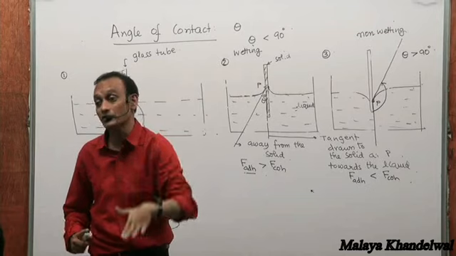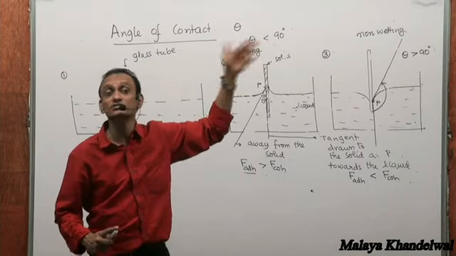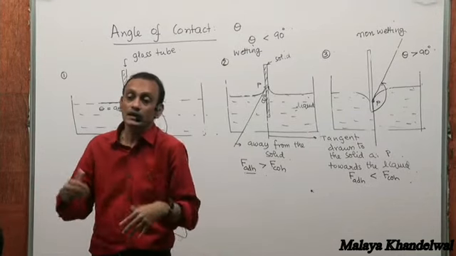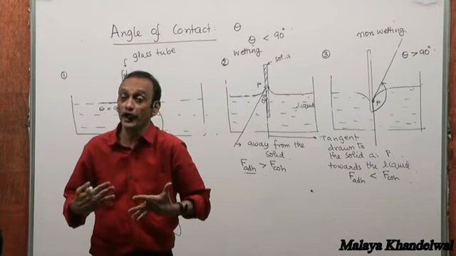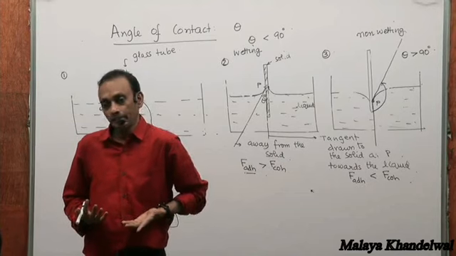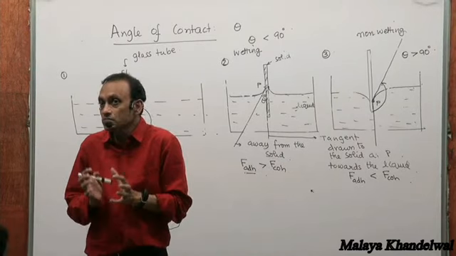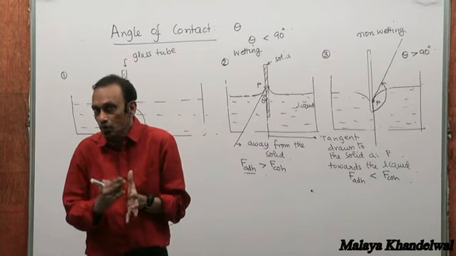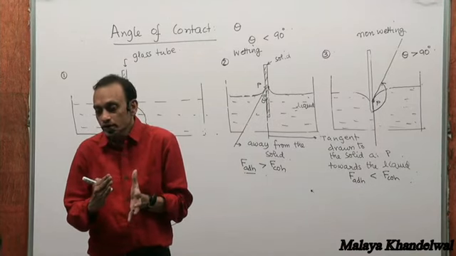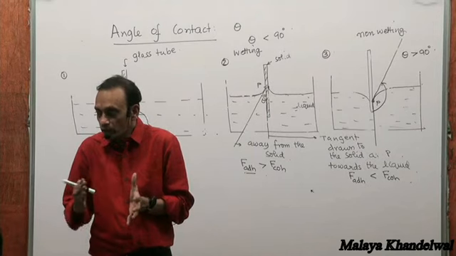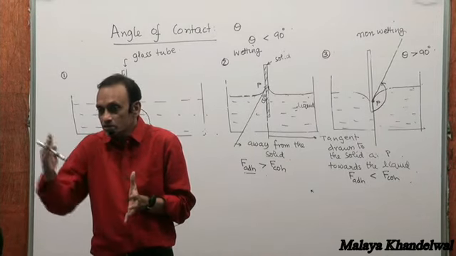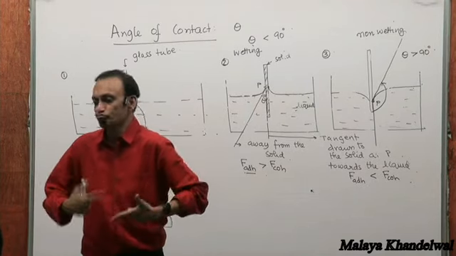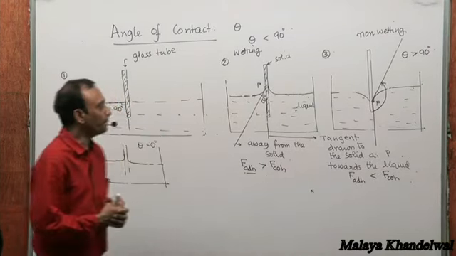Today I immerse glass, tomorrow I could immerse iron or something else, and I would have a different angle of contact for the same liquid. So it's a molecular property and results from molecular interaction between particles of the liquid and particles of the solid. It'll be an interplay of these two factors.